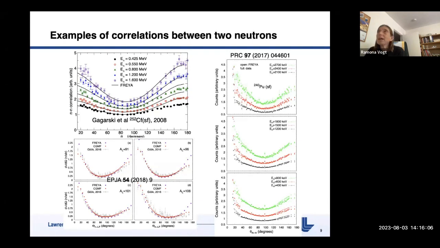And even getting P of nu, the neutron multiplicity distribution, from that measurement was a brand new thing.